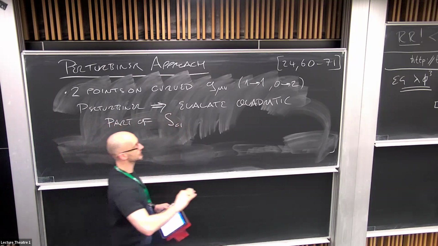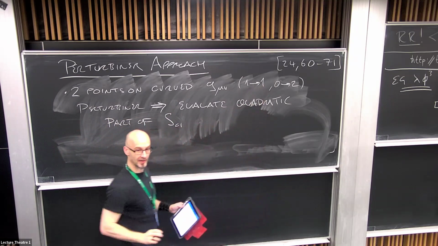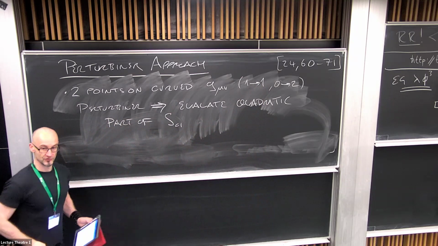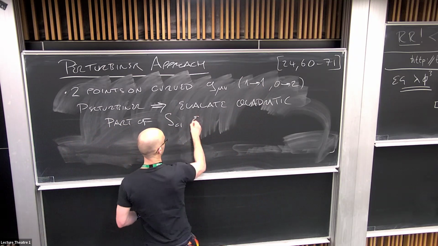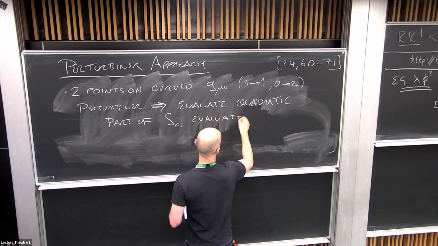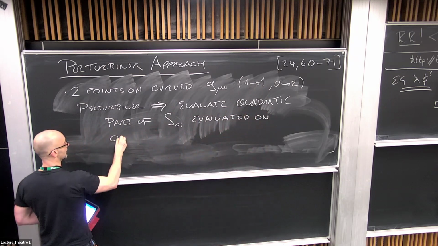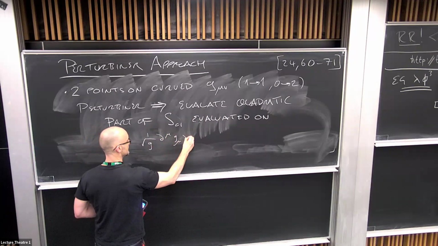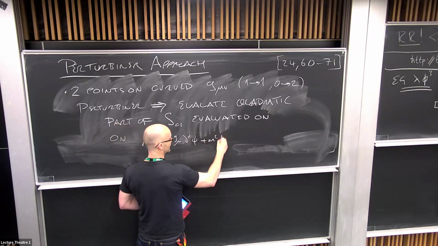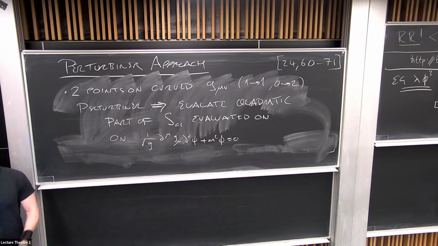I'm thinking about some scalar field, for example, the 1-to-1 or 0-to-2 amplitude. I look at that part of the action which is quadratic in the scalar, just the kinetic bit, and evaluate that on particular solutions of the wave equation, (1/√g)∂_μ(√g g^{μν}∂_ν φ) + m²φ = 0, with appropriate boundary conditions to describe 1-to-1 or 2-to-2, whatever I'm interested in.